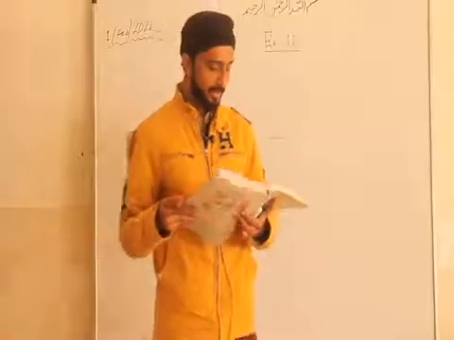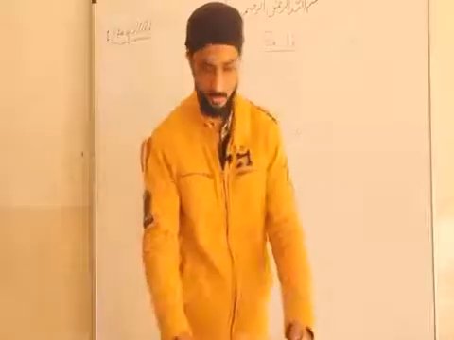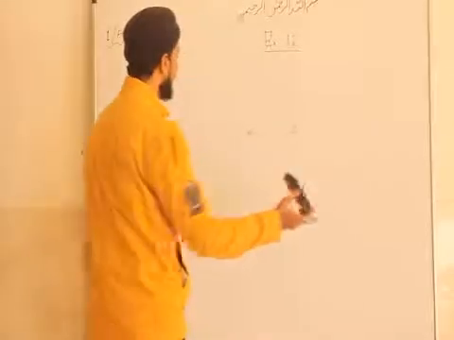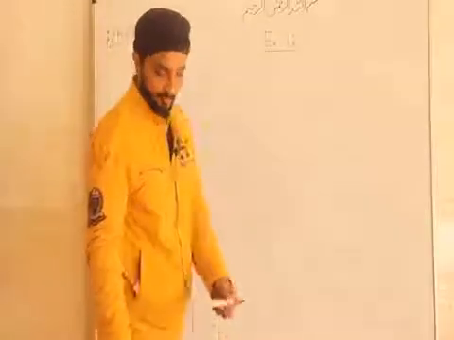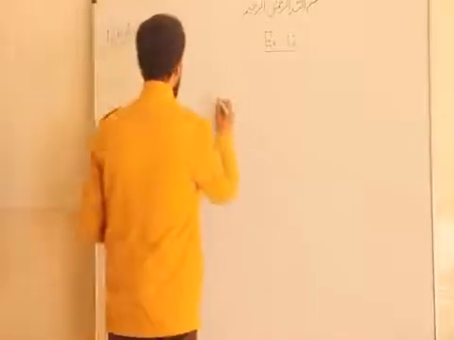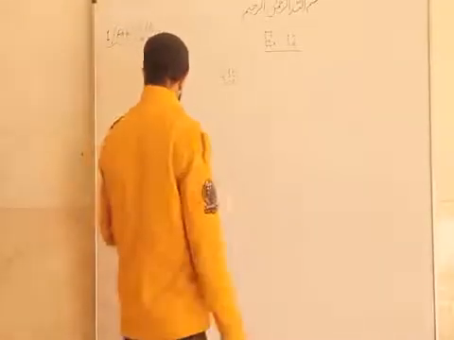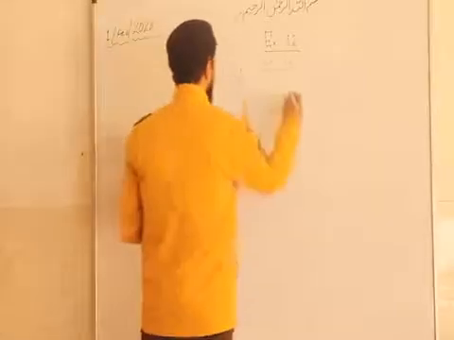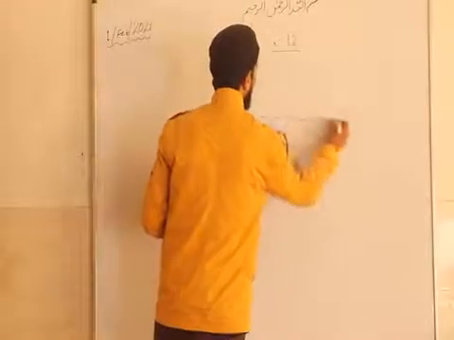In triangle ABC, AD is perpendicular to BC. So this is any triangle that is not right-angled at first. We are drawing any triangle, suppose this is triangle ABC.